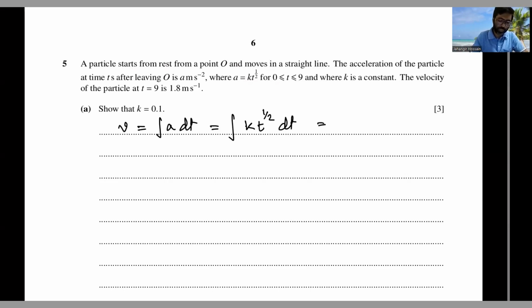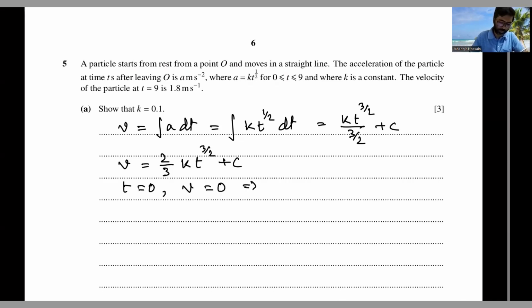So it is k t to the power 3 by 2 divided by 3 by 2, plus a constant, so that is 2/3 k t to the power 3 by 2 plus c. Now substituting, as the particle started from rest, at t equals 0, v equals 0, we have 0 equal to 0 plus c, so c is 0.